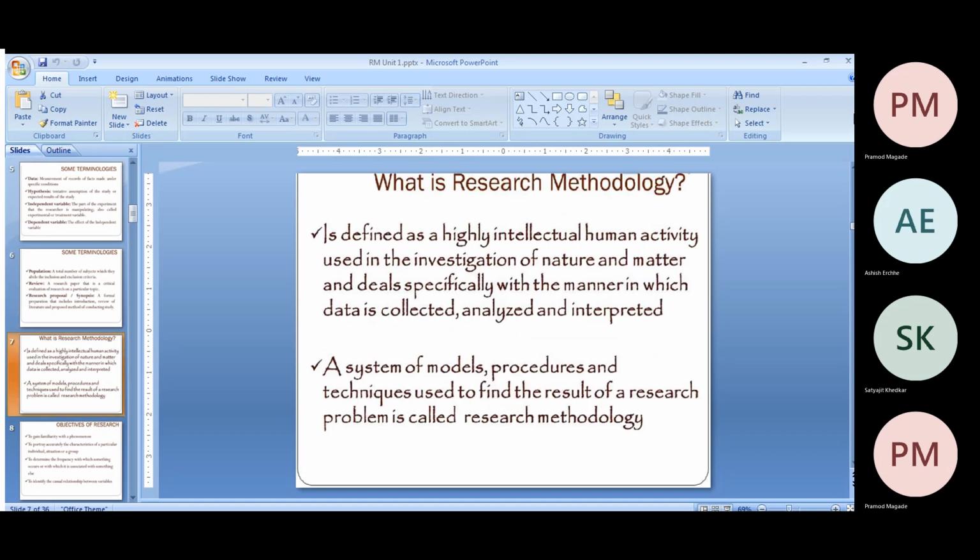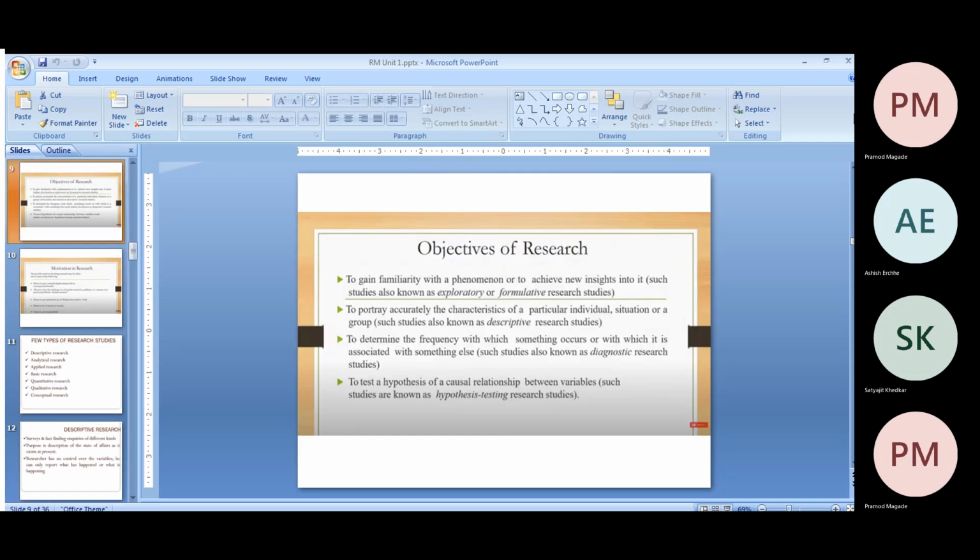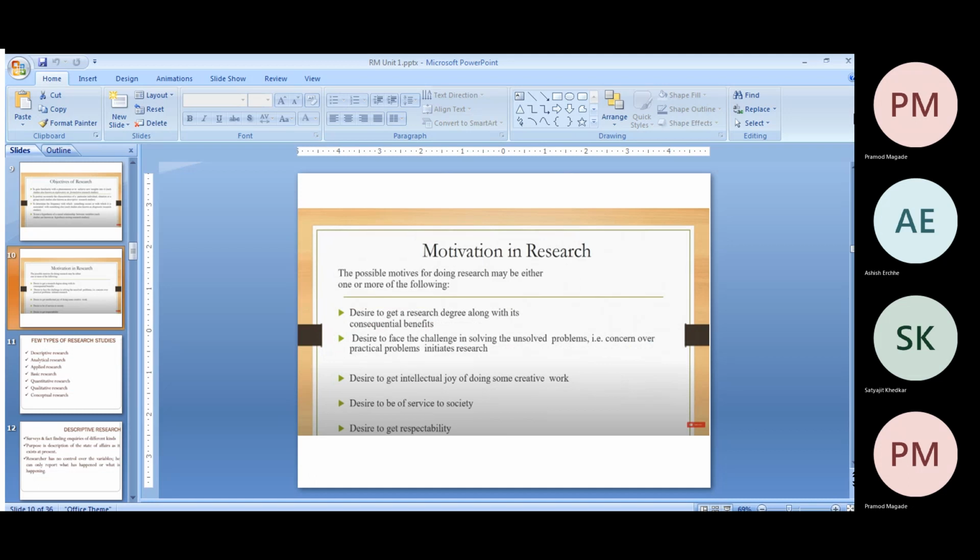After that, what kind of methodology we need to follow, that also we have seen. Then how to define the objectives, what the sequential process for that should be. And lastly, we have discussed the motivational type in case of research, what kind of motivation we need to use for performing the research work. So this is today's session.